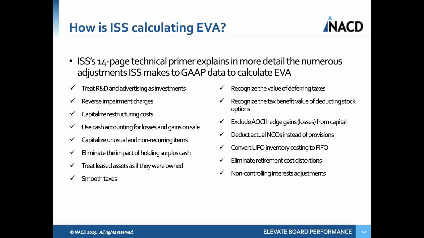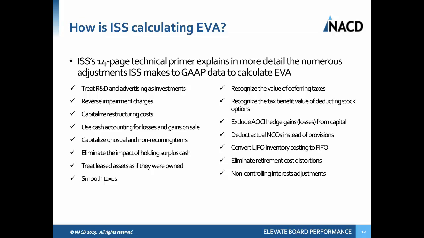In making all of these 15 adjustments, ISS imposes a set of constraints. Every adjustment is made to every company. There are no one-off exceptions. Adjustments are made to the extent that the data required is reported by Standard & Poor's in their CompuStat financial database.